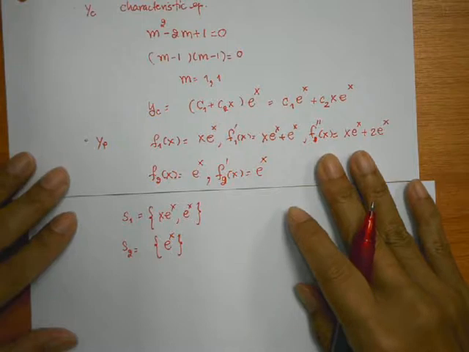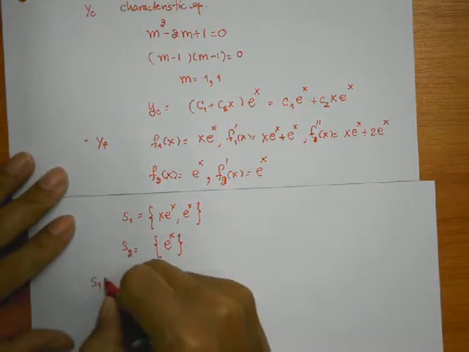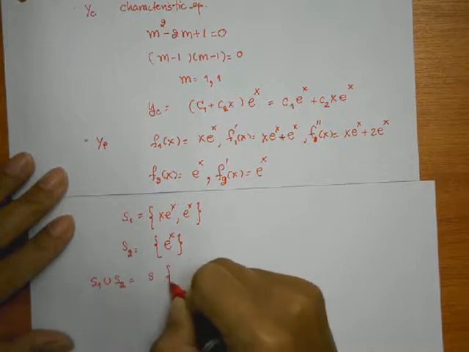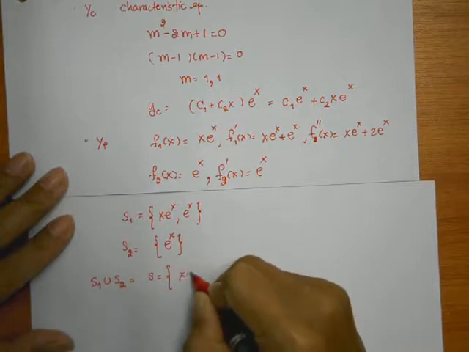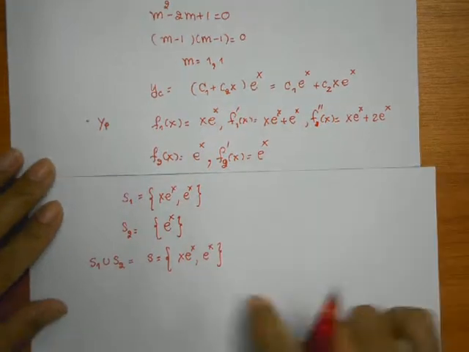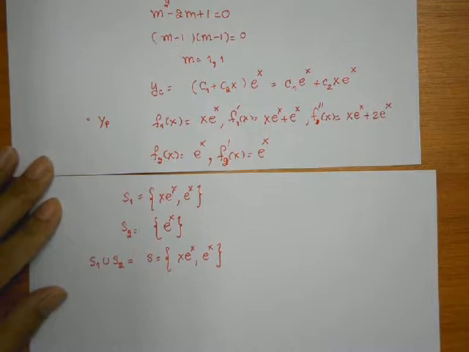You do the union thing. Okay, you do S1 union S2, equal to this. This is going to be the overall UC set of both functions f1(x) and f2(x).